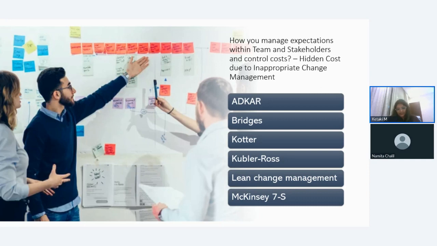The other model is really the Bridges model. This transition model is designed to help organizations effectively manage change by focusing on psychological and emotional aspects. Each one of the people that you interact with in the organization are emotional beings.